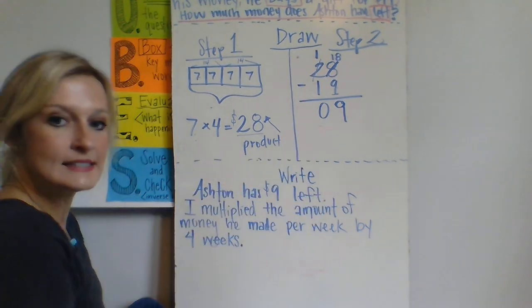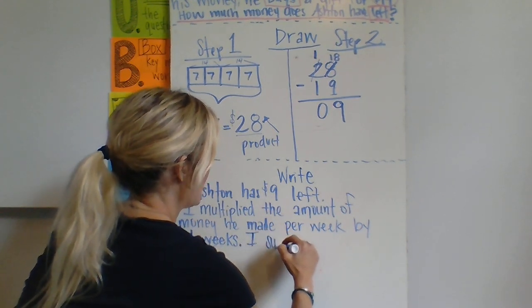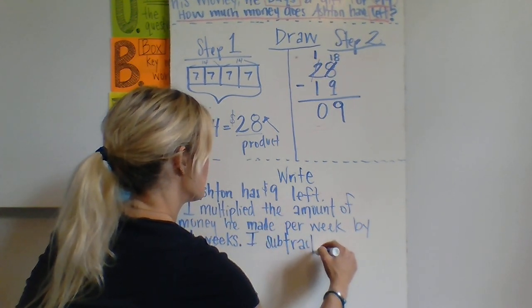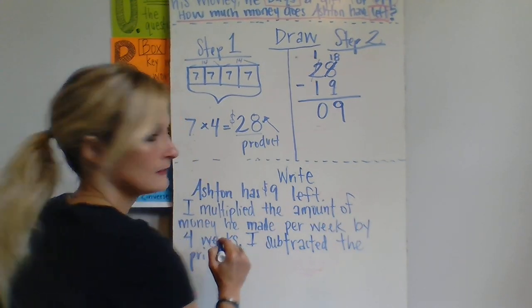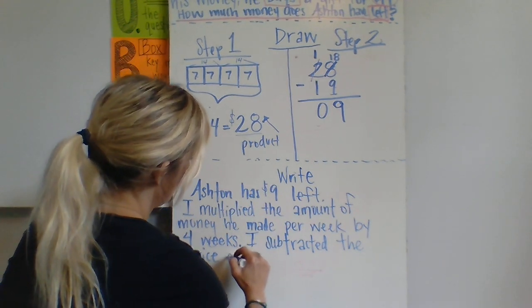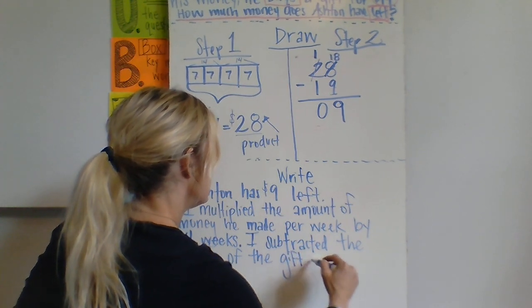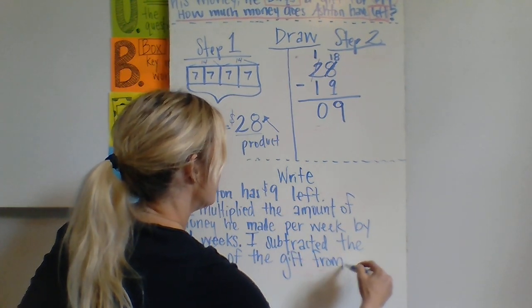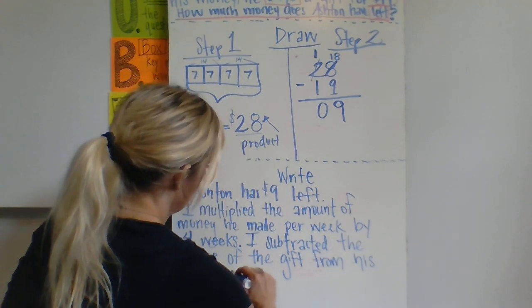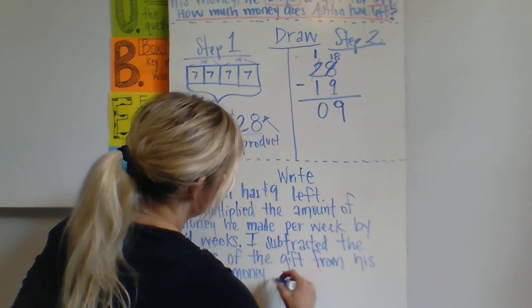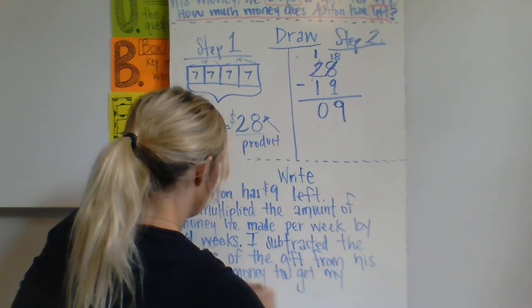Now, our next step, what did we do? We subtracted. So I subtracted the price from the money to get my difference.